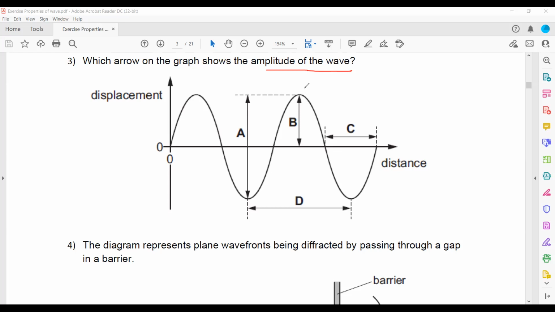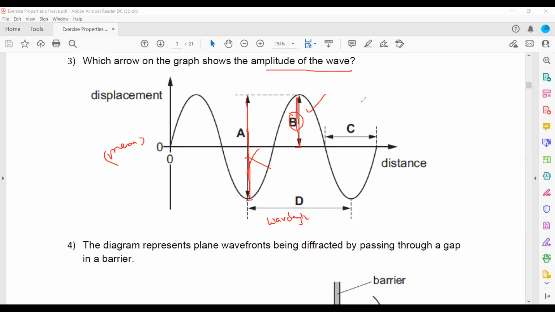Amplitude is the height or the depth of the wave from the mean position. This is the mean or the center position. So the height of the wave from the mean position, that is B, is the correct answer. Why not A? A is actually height plus depth, so that's why it is twice. What is D? From one trough to another, it's actually a wavelength. And what about C?